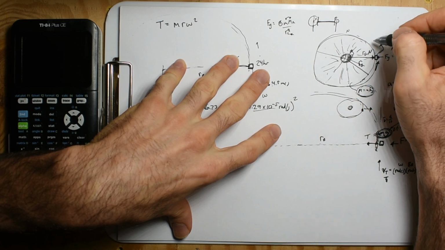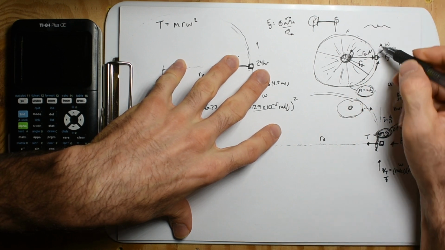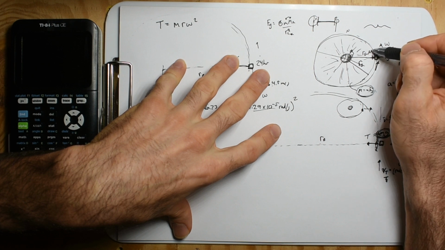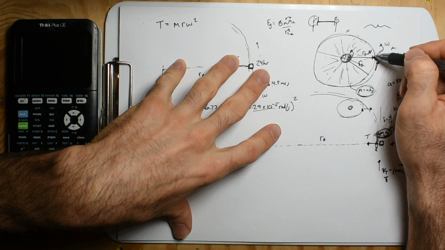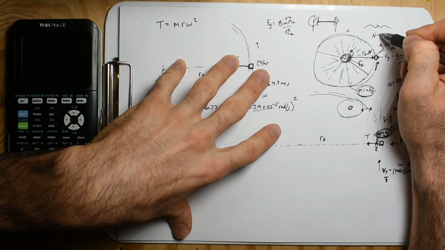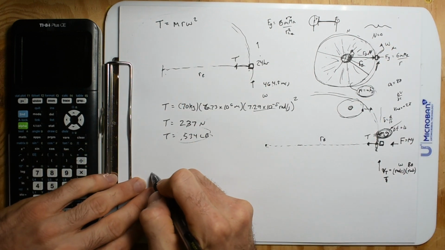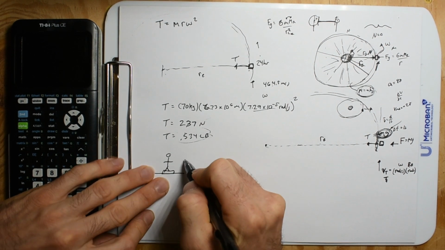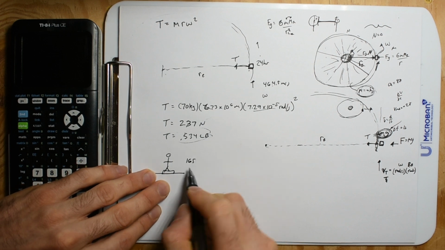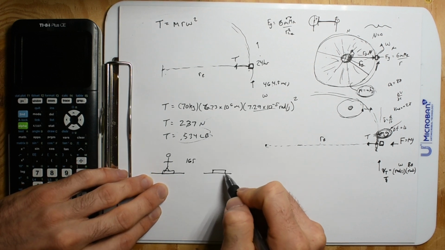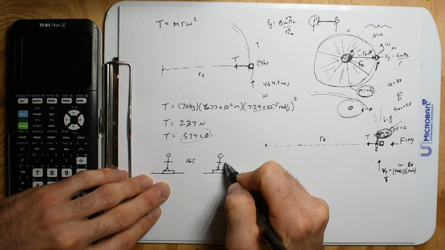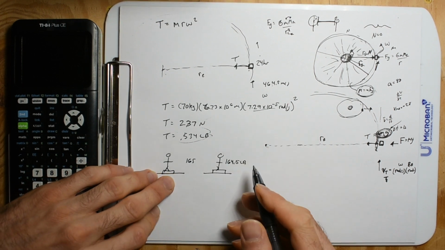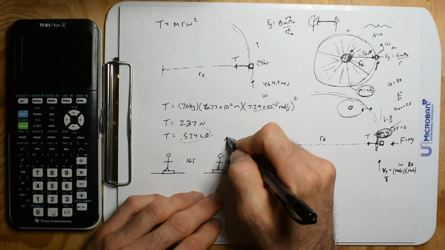But our problem, this is the techie side, is that I want to be where I have this normal force, which would be a scale reading, and this normal force is 0. So if I'm on the North Pole and I stand on a scale, let's say 165 pounds. But then I go to the equator, same scale, and stand on that, I'm going to weigh 164.5 pounds because of that centrifugalness, I'm getting flung off.